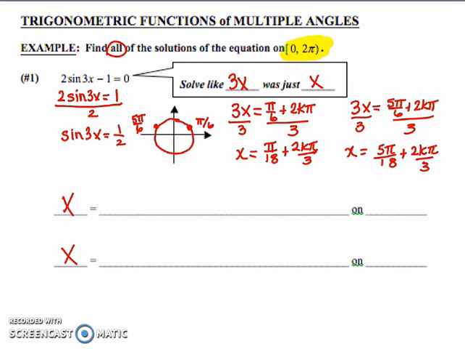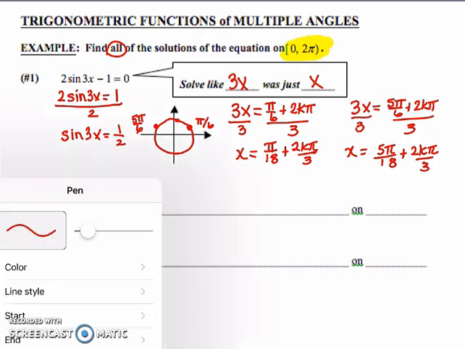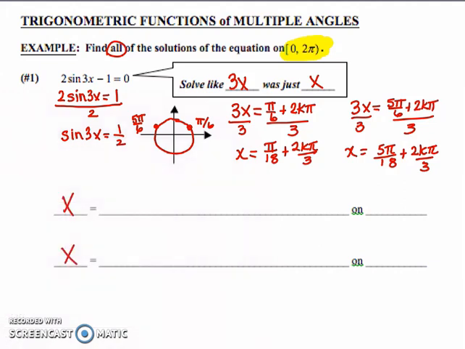If k is 0, and I plug in 0 for k, I get pi over 18 plus 0, so just pi over 18.